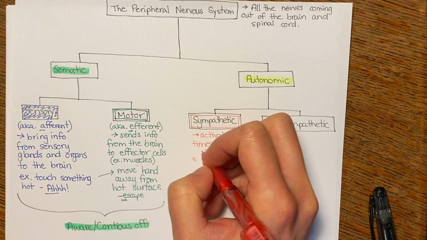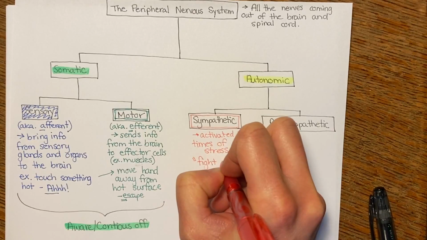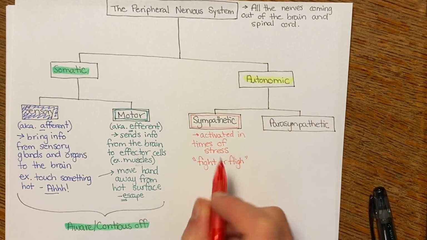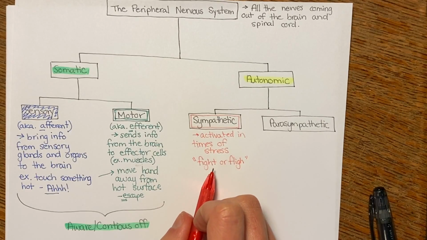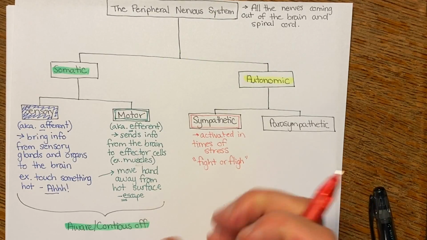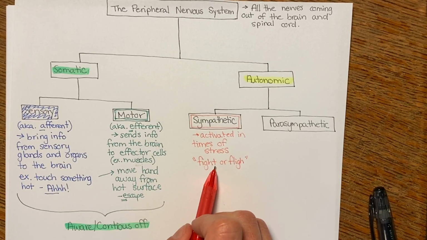So think of your fight or flight response. Certain things will start to happen in these situations, like increased heart rate, constricting of the blood vessels, increased breathing rate, all that kind of stuff.